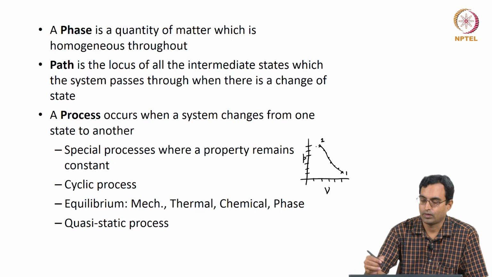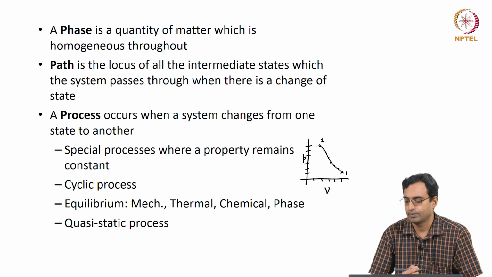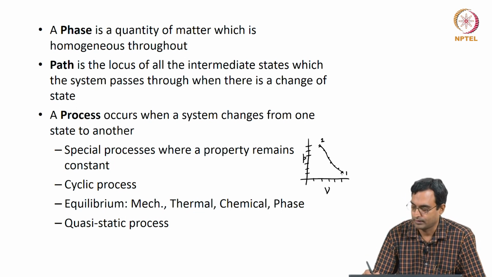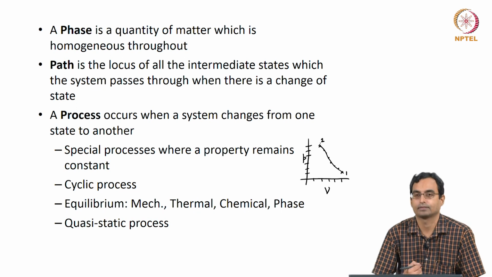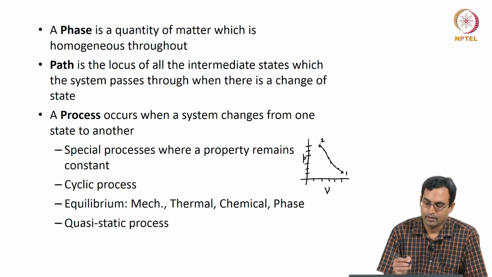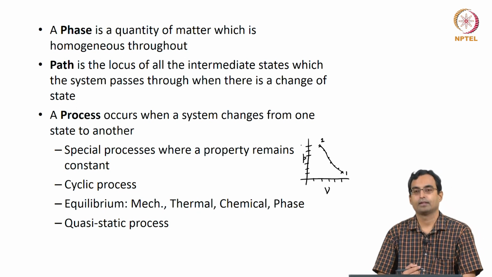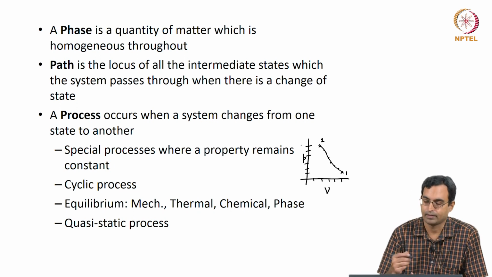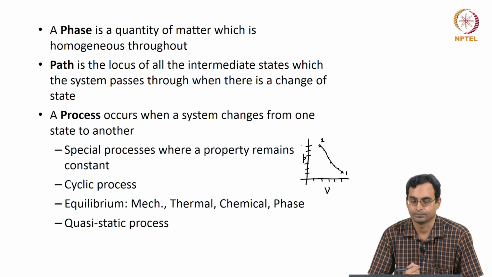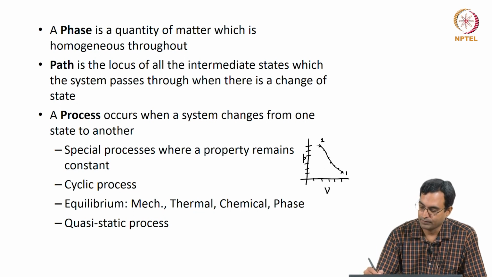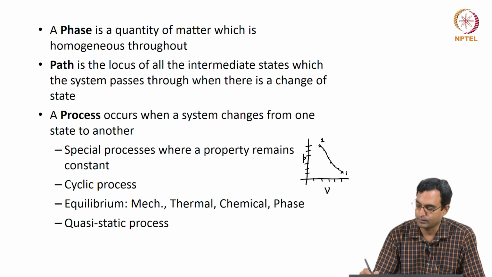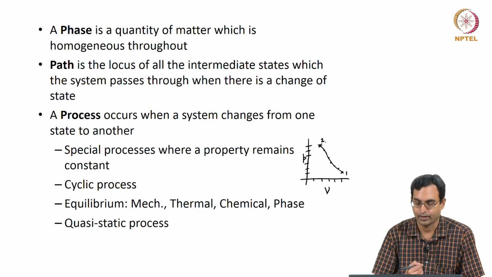It is a locus of all the intermediate states which the system went through between the initial state and the final state. And whenever there is a change like this, we say a process occurs. So, a process occurs when a system changes from one state to another. Here, some process has occurred where it went from some volume and some pressure to some other final volume and some other final pressure.